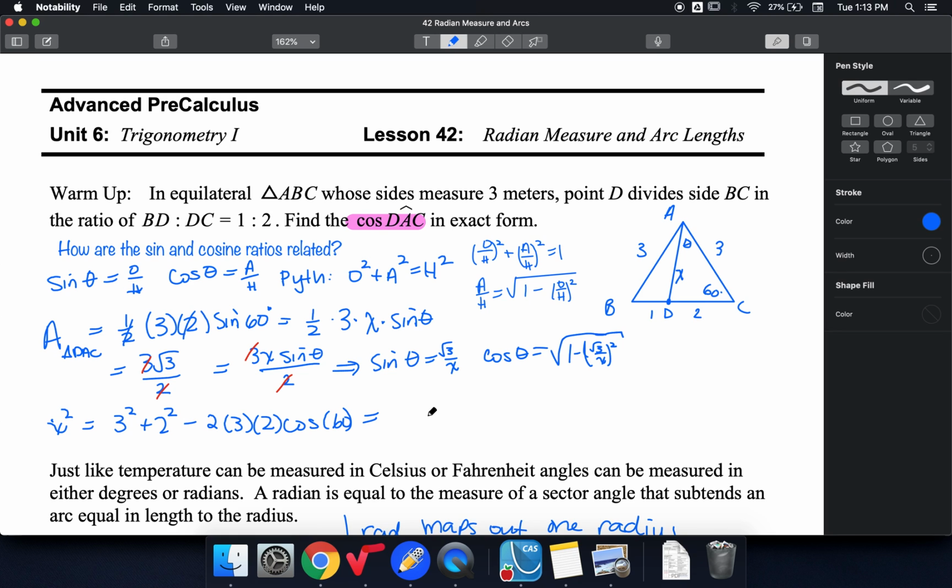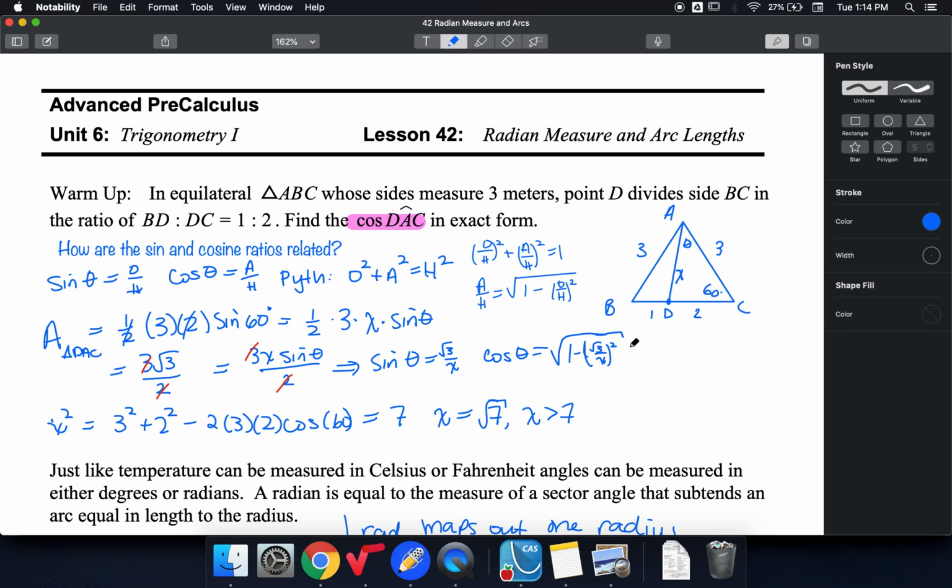Well, that's going to lead to 9 plus 4. Cosine of 60 is a half, so that's going to cancel. So 9 plus 4 minus 6, that's 7. So x is the square root of 7 because I know that x is positive. It's a length of a triangle.